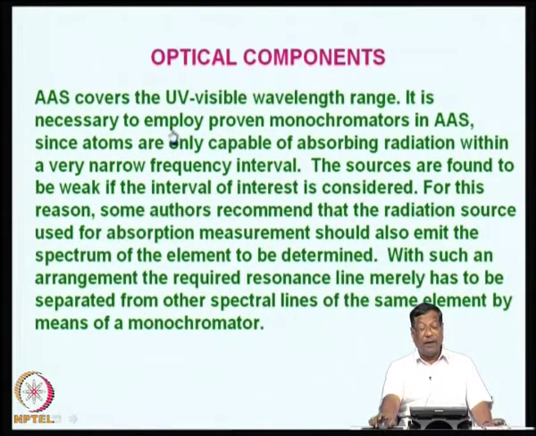It is necessary to employ proven monochromators in atomic absorption, since atoms are capable of absorbing radiation within a very narrow frequency interval, and these frequency intervals are of the order of 0.002 to 0.02 nanometers, and the sources are found to be weak if we consider the interval of the radiation frequency.